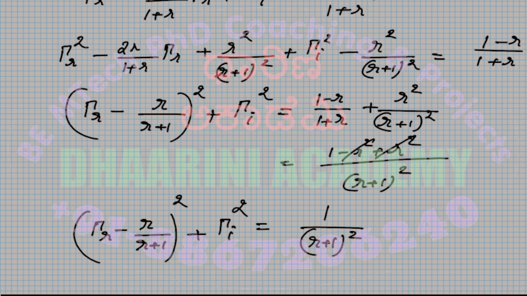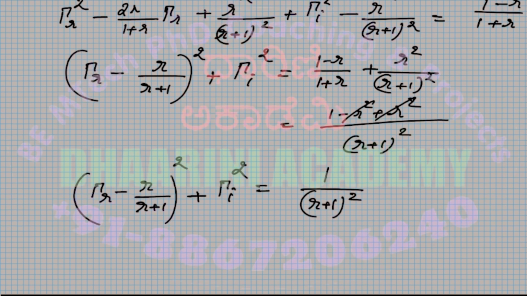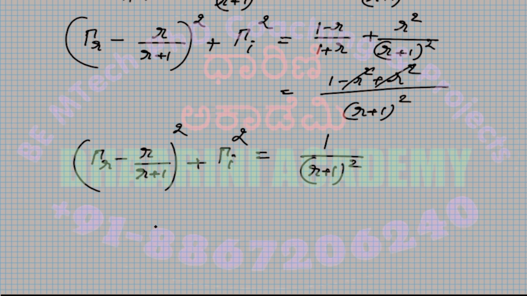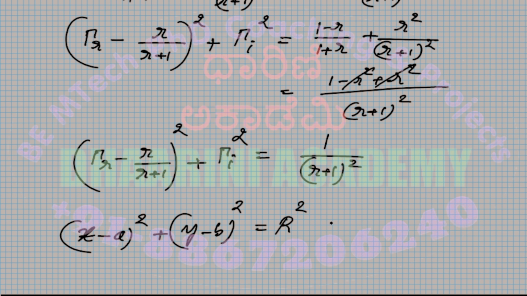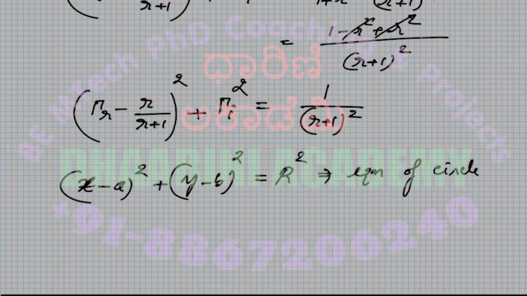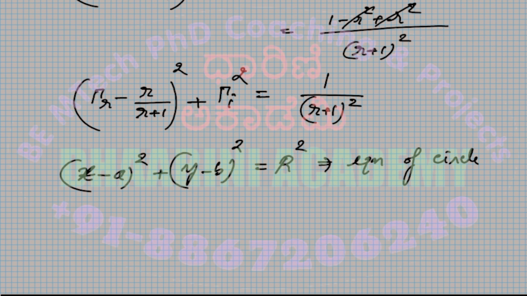Is it okay? Now let me try to compare this with what we already have studied in analytical geometry, basics of mathematics, maybe at PU level. So this is the equation we know: (x minus a) the whole square plus (y minus b) the whole square equal to r square. What is this? This is an equation of a circle. What other detail do we get from this?